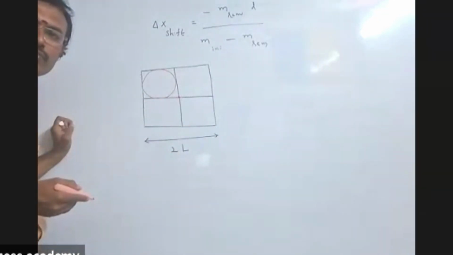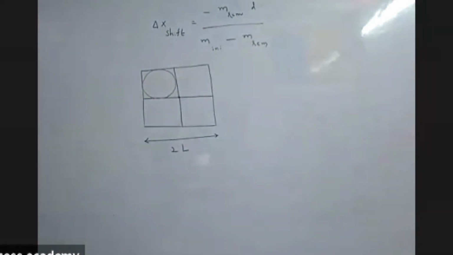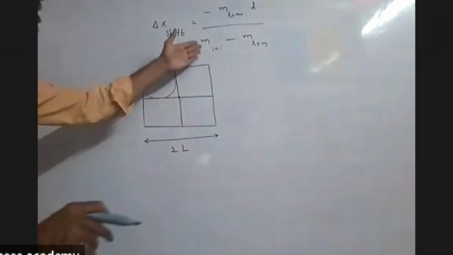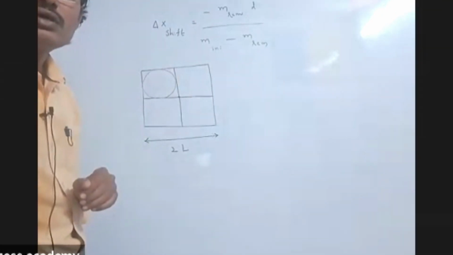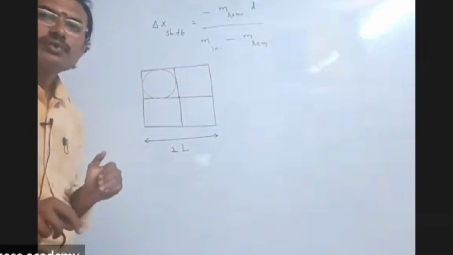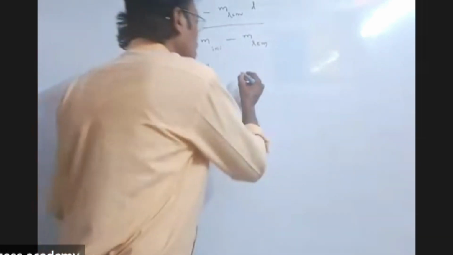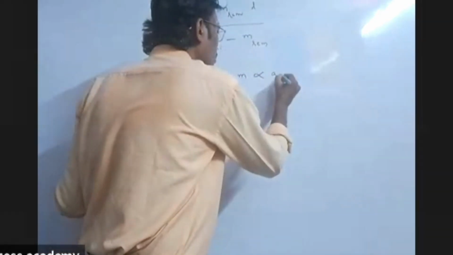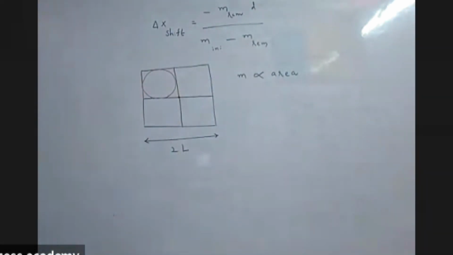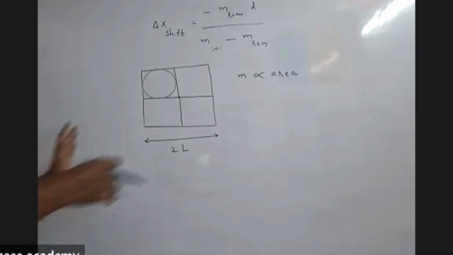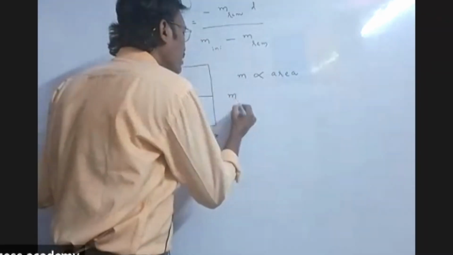So we need to calculate the shift in the center of mass. First, m initial, m removed. I said to you very clearly that mass is directly proportional to area. At first I am taking m initial.